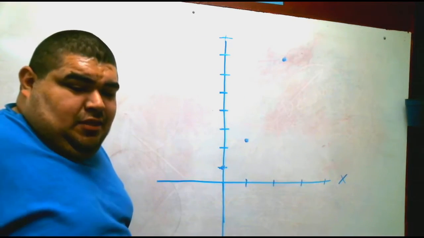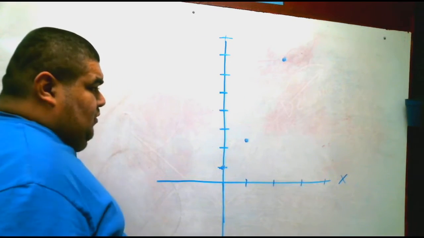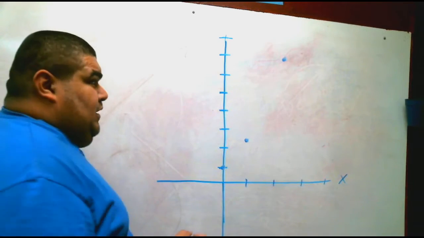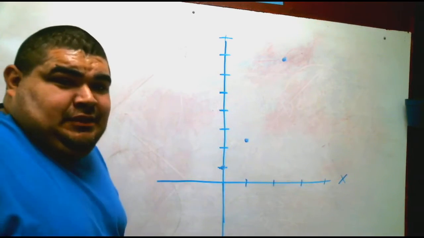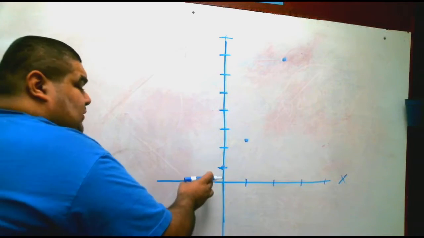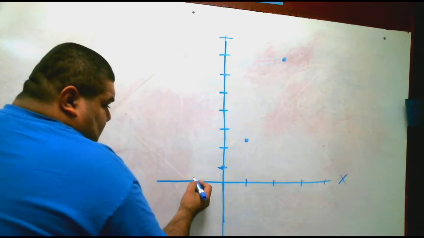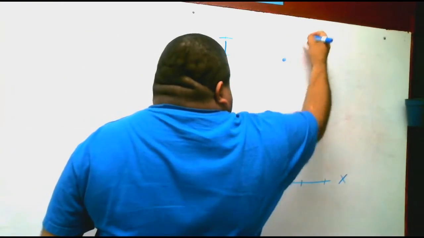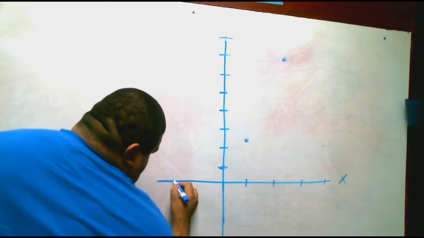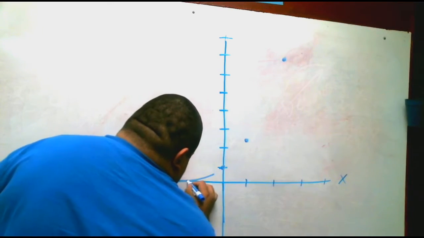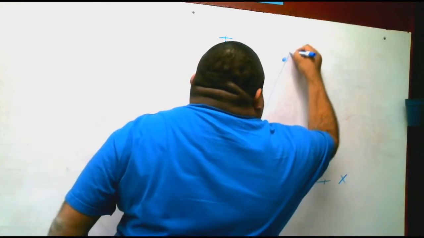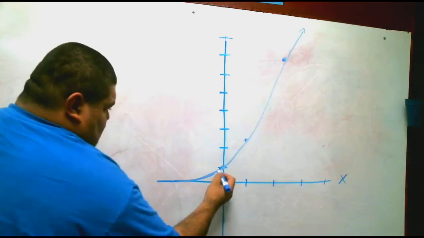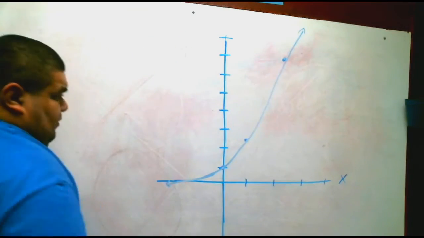Okay? Now that we have our line on 2, we can actually connect them. Okay? The way we connect them is, if you would have chosen a negative number, it was gonna go down here. So technically our line goes something like this. Okay? Then makes a little curve.